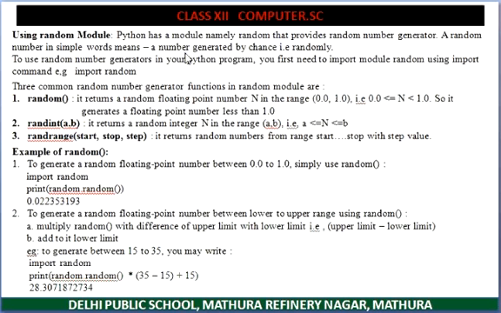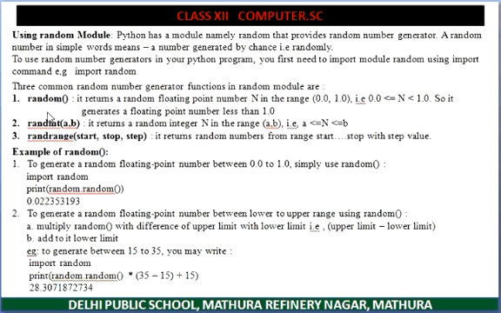To use the random number generator in your Python program, first you need to include one line at the beginning of the program, that is import random. Whenever you write a program with random numbers, you need to include the line import random. And three types of random function are there: first random, second randint, third randrange.